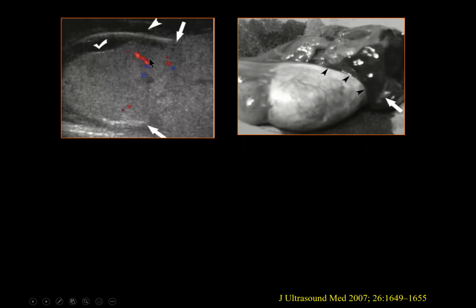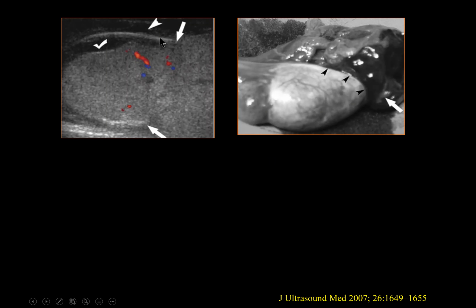This is an example of testicular rupture. Here we can see interruption of the tunica albuginea and extrusion of an isoechoic lesion representing the testicular contents. The surrounding hypoechoic lesion is a hematocele.